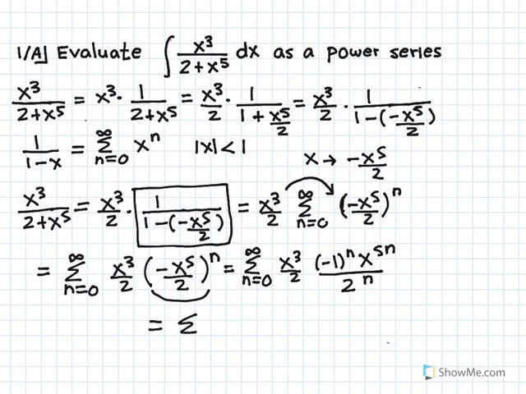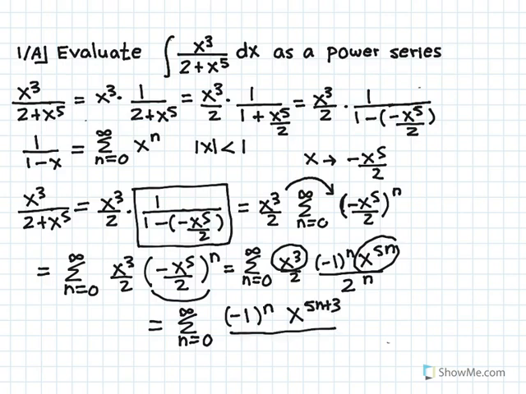We get summation n equals 0 to infinity of minus 1 to the power of n. Now we have the same base. The base is x. We add up the exponents, so we get x to the power of 5n plus 3. And in the denominator, we have 2 times 2 to the power of n. We get 2 to the power of n plus 1. This is the power series representation of the integrand x cubed divided by 2 plus x to the power of 5.